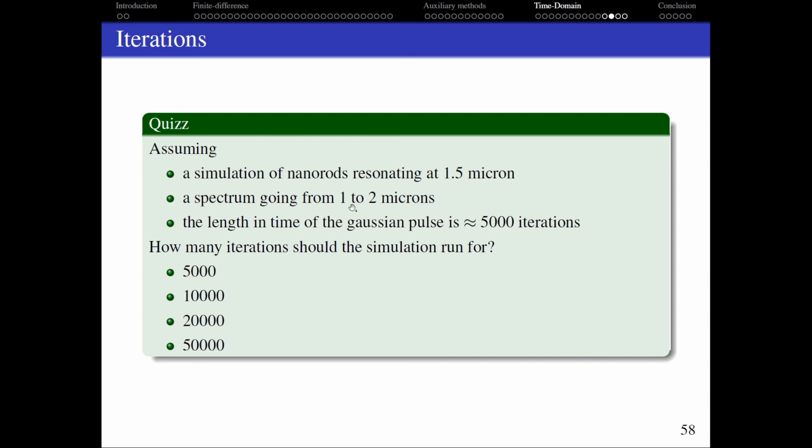And let's say that the pulse that we send in there is 5 iterations long in time. So how many iterations should the calculation run for? 5,000, 10,000, 20,000, 50,000? You can pause a bit, think about it, but let's look at actual results.